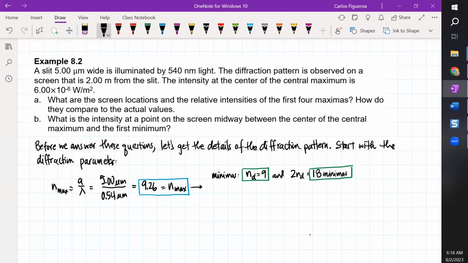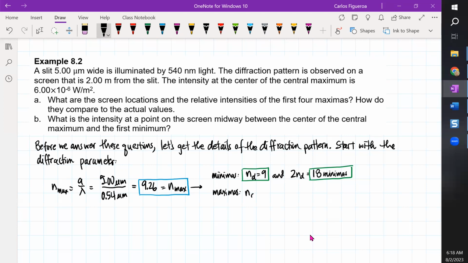And then I have my maximas. So when I look at my maximas, I look at my value that's closest to a value of 0.5. And you can see here that the closest has to be 8.5, because if I go to 9.5, I now exceed N max.